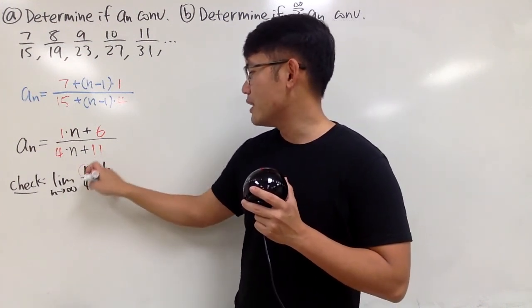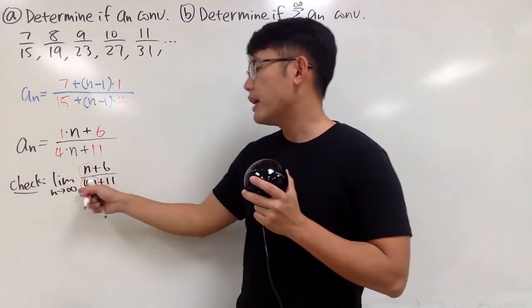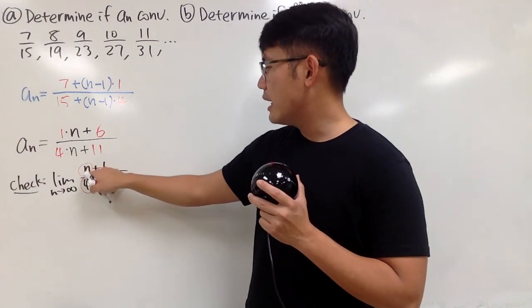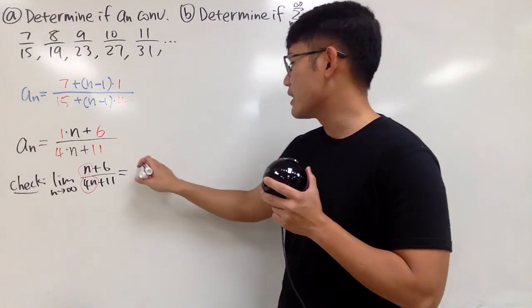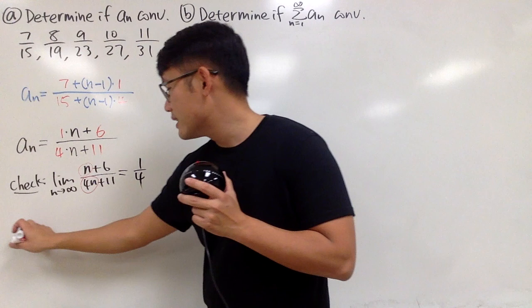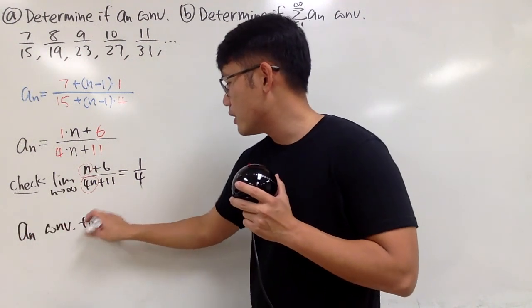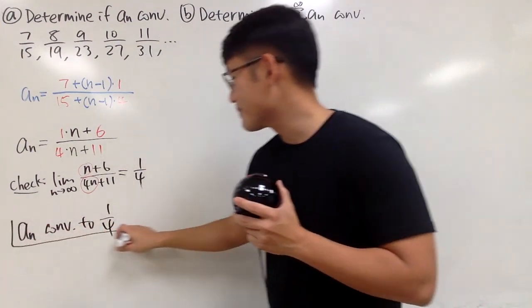We just care about this and that because they are the dominating parts when n goes to infinity. They are the big boss. And we end up with n over 4n, cancel the n, namely we just get 1 over 4. So the answer is a_n does converge, and converges to 1 over 4. And we are done for this part.